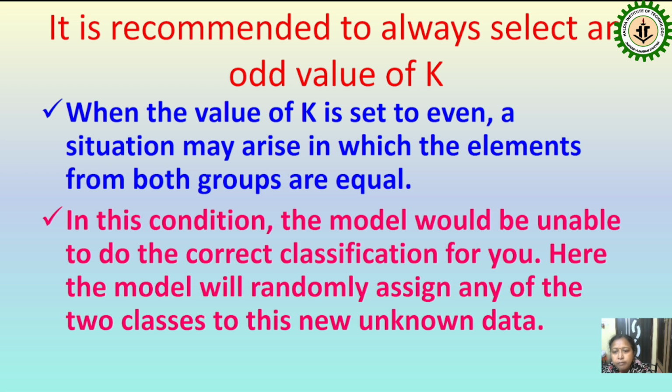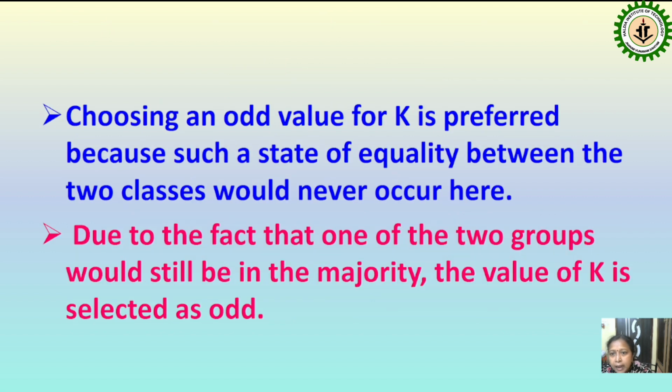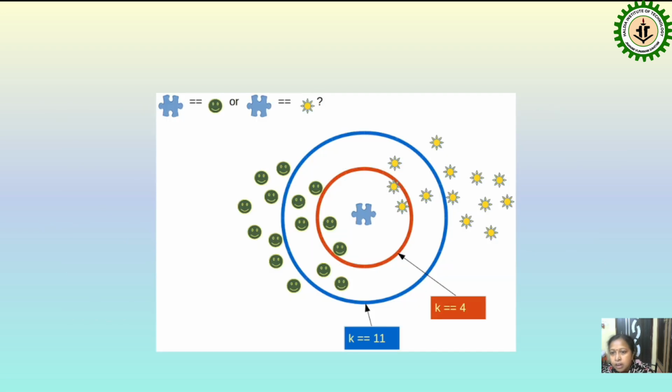Here the model will randomly assign any of the two classes to this new unknown data. So we cannot take the value of k as even. We have to choose the value of k as odd, because such a state of equality between the two classes would never occur, due to the fact that one of the two groups would still be in the majority. The value of k is selected as what?